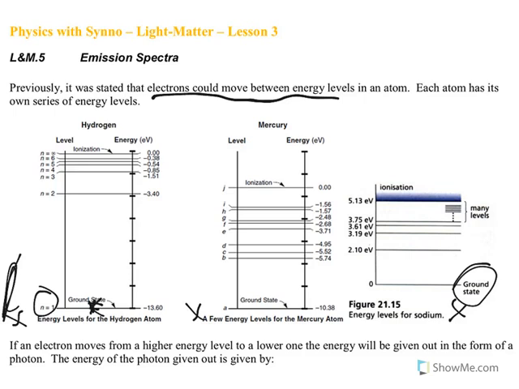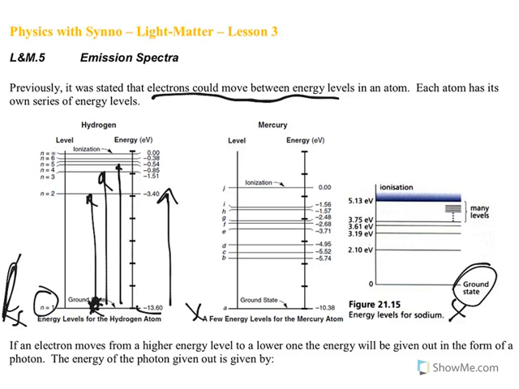Now if you put in a photon of the correct light, you can get that electron to move up, depending on the energy of that photon. It can move up levels, and you'll see here it's written in negatives. So it might go up to this first level, n equals 2, the first excited state, at negative 13.4 rather than negative 13.6.